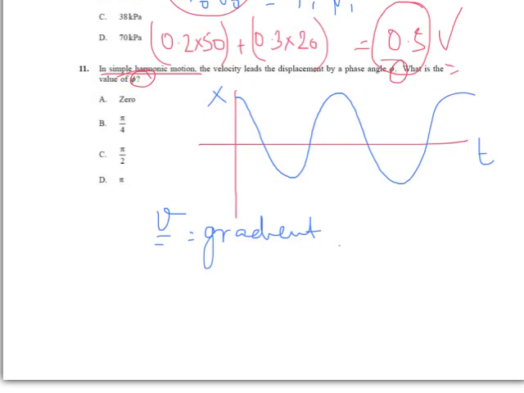Then we can see that the slope increases but in the minus direction and reaches a maximum as it goes through the origin here. So if we just draw that, what you can see now is our velocity time graph in green starts at 0 and then drops to a maximum when the displacement is going through 0.